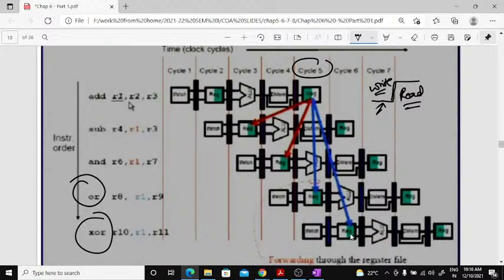For XOR there is no problem. Means here in clock cycle 5 only you can observe. What is happening in clock cycle 5? It is writing the data to this register, and at the same time it is reading the data, means this one also gets the data, write and read operation, write and read operation.